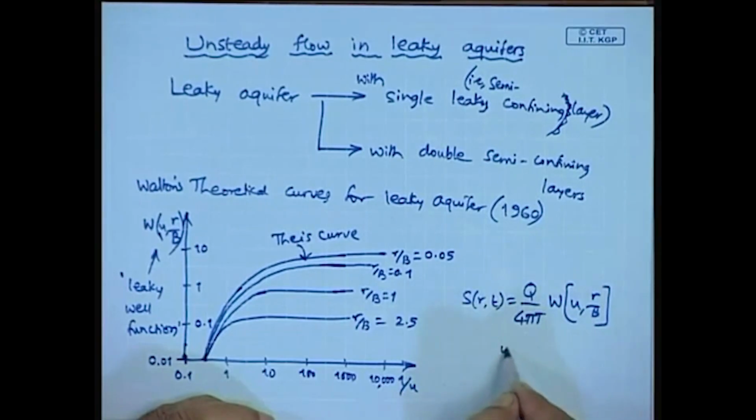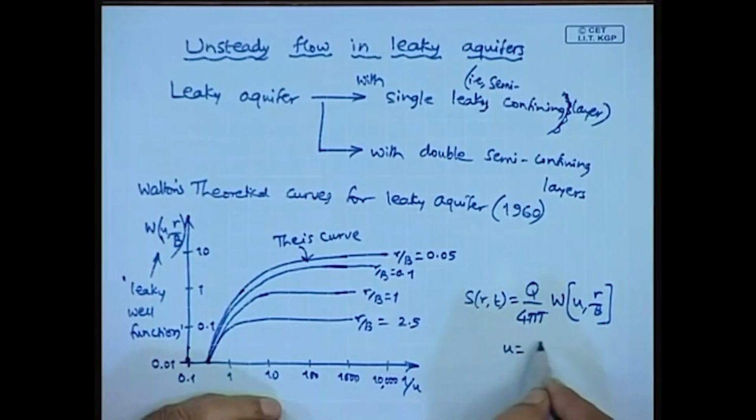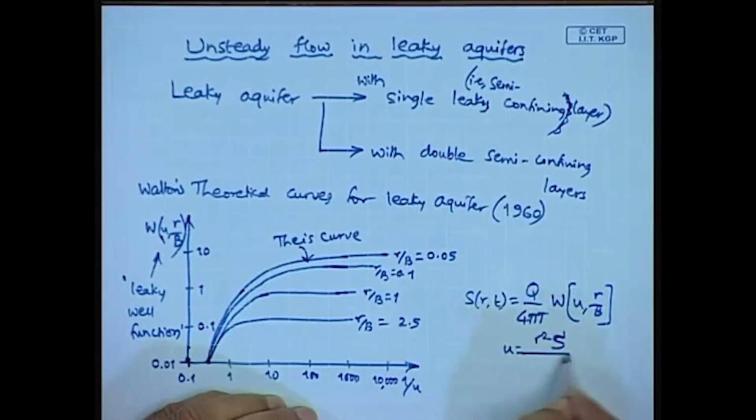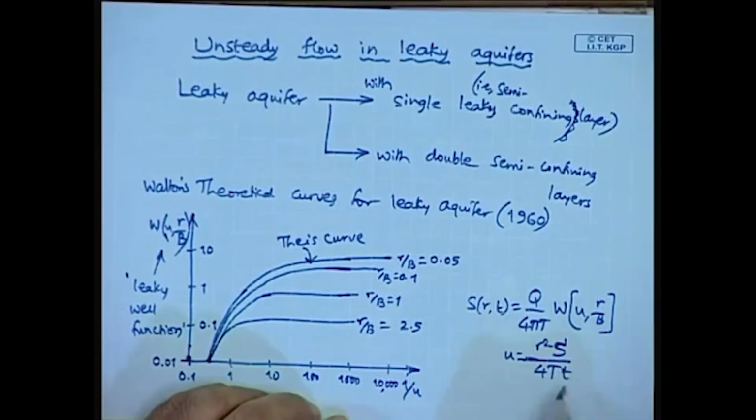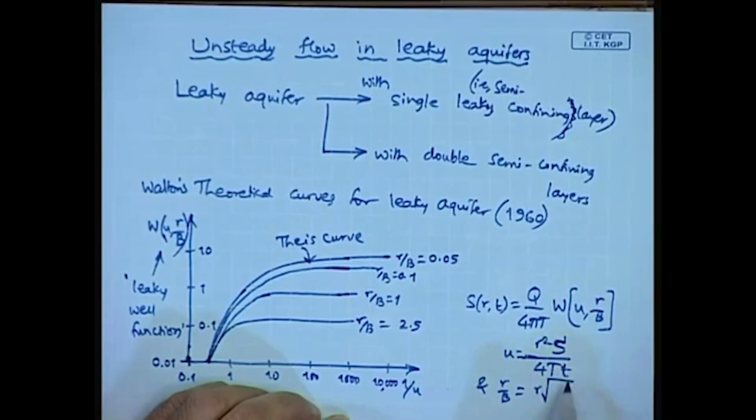Again, here u is the same as the confined well function parameter, that is r squared S divided by 4 T t, and r by b is equal to r into the square root of K dash divided by K b b dash.